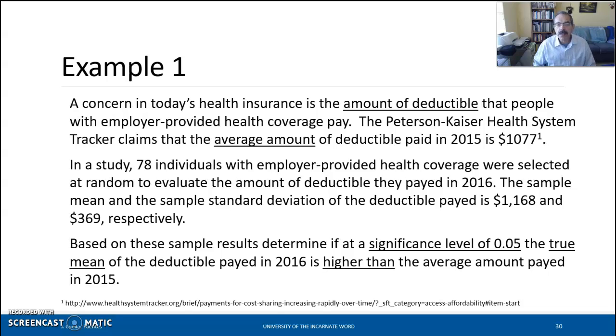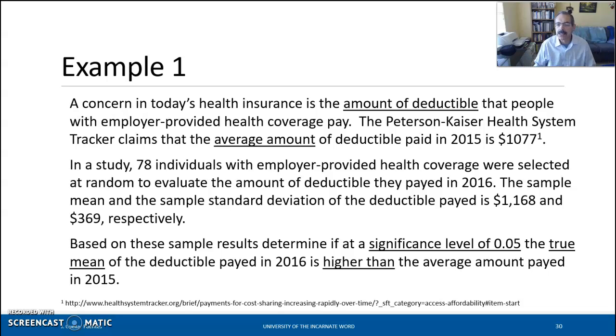Now, you notice that I underlined different things in this problem. The first one is the amount of deductible. That is telling you that the variable is a continuous random variable, because that's money. Also, we're talking about the average amount, so we're talking about mu, the population average.